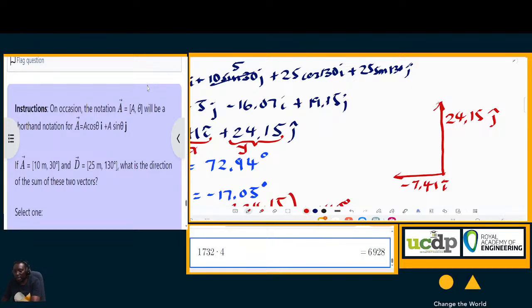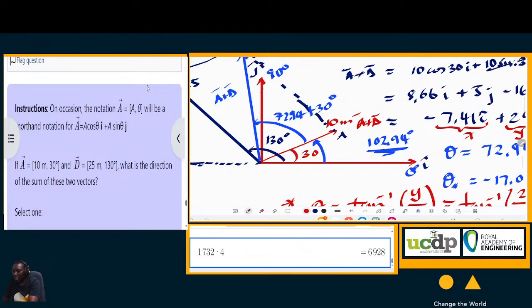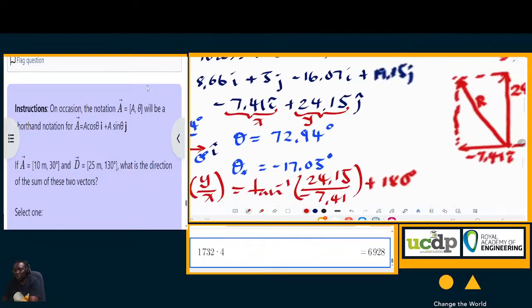With these components, remember this already is the x, right? That's the x, and this remains the y. So the actual resultant vector, which we can call r, which is the same as this blue one here, the a plus d, is because of these two components.